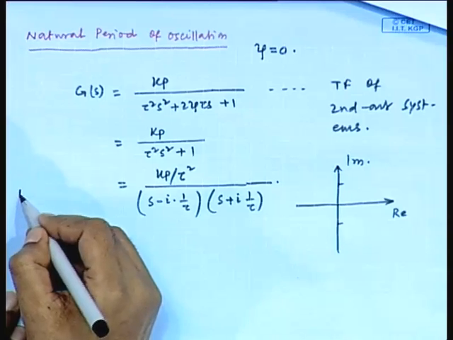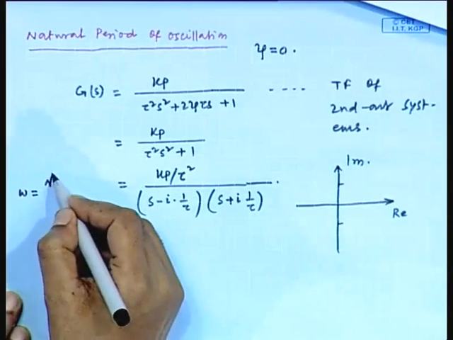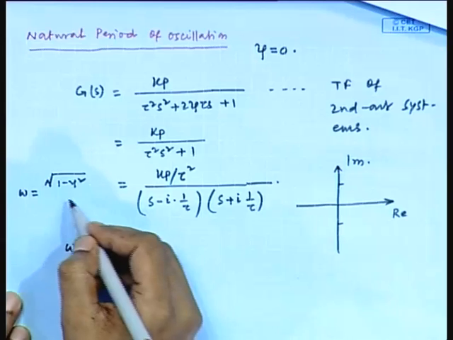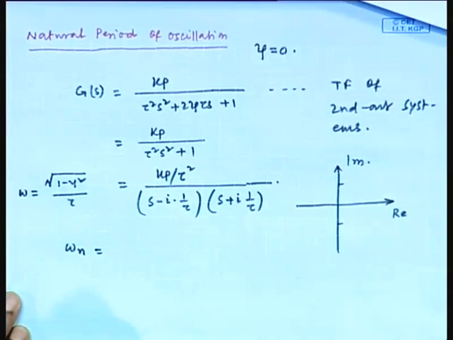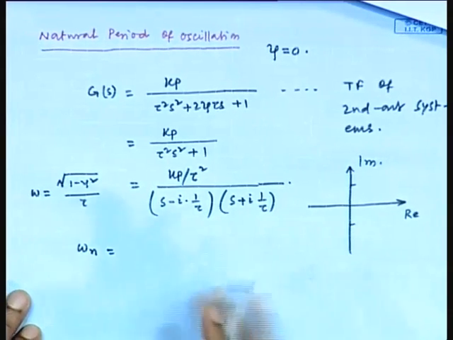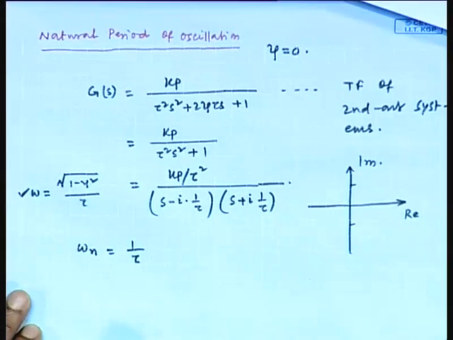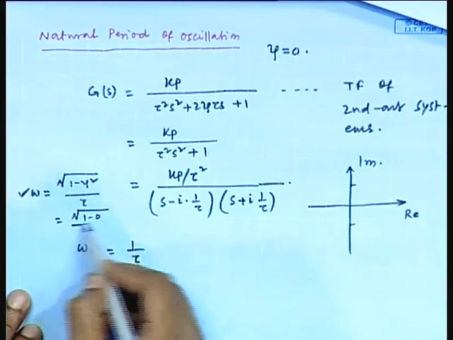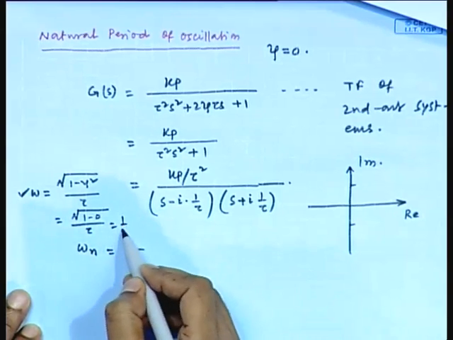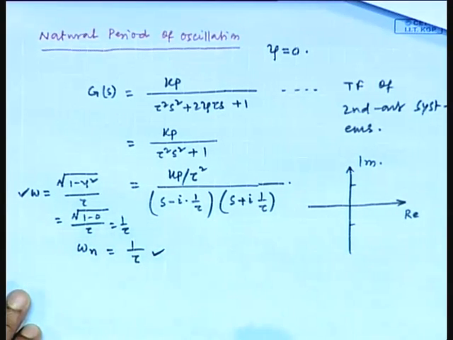We know the expression of omega, that is omega equals root over of 1 minus zeta square divided by tau. Substitute zeta equals 0, then we will get omega n equal to 1 by tau, which is written here. Fine.